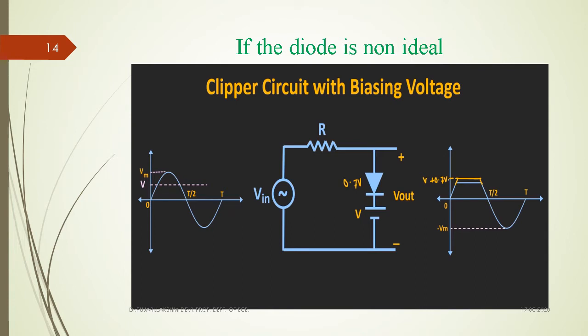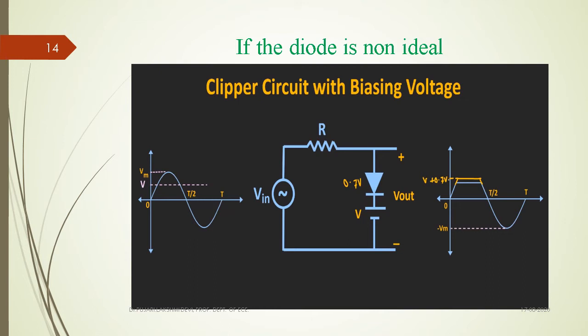If the diode is forward biased, during this particular period, it has some drop across it, at around 0.7 volts to the maximum extent. If the diode is forward biased, the drop across the diode is 0.7 volts.